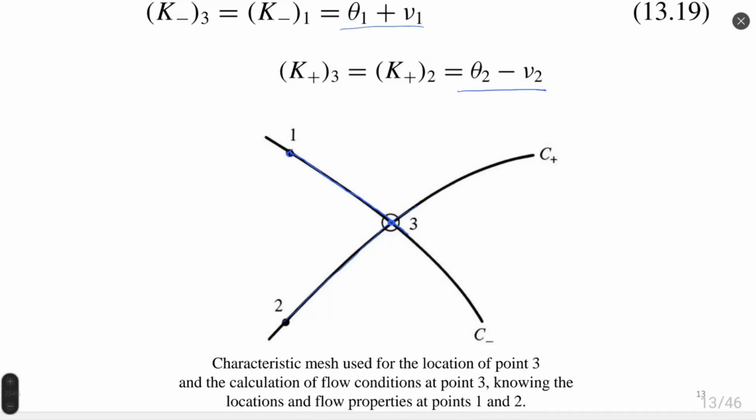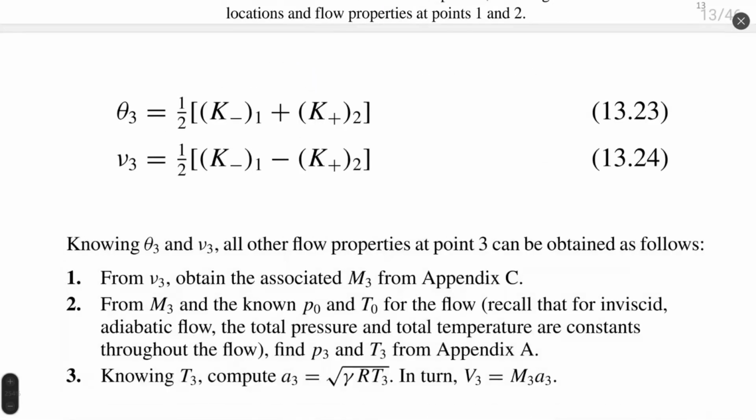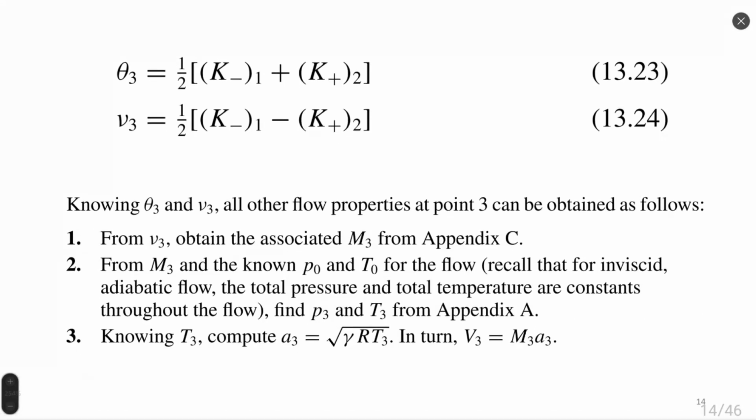Combining equations 19 and finding the solution between these two characteristic lines, we will see that direction of flow between two intersecting characteristic lines would be the average between values or constants on characteristic lines. I say average because it's constant 1 plus constant 2 divided by 2, so it's a mathematical average. And the Prandtl-Meyer function at point of intersection of characteristic lines would be a half of the difference. We have 1/2 of characteristic line negative minus characteristic line positive. We have theta at a point of intersection, and we have a new point of intersection.